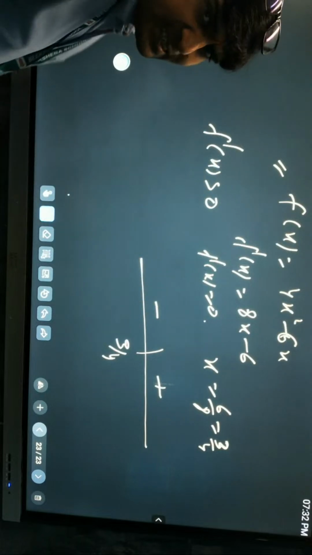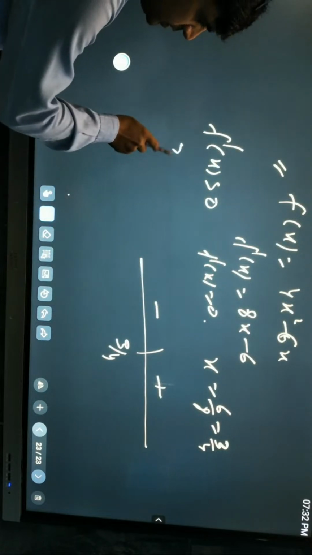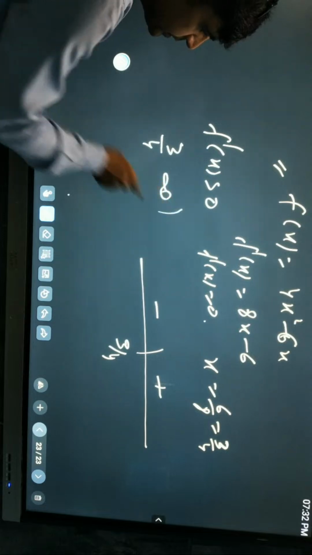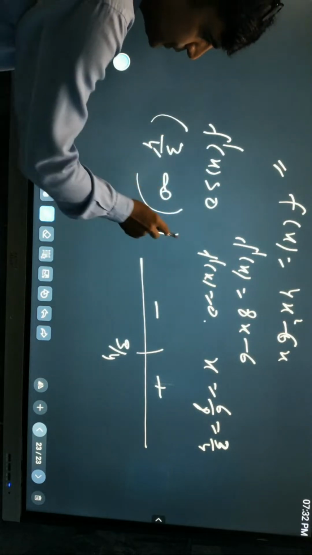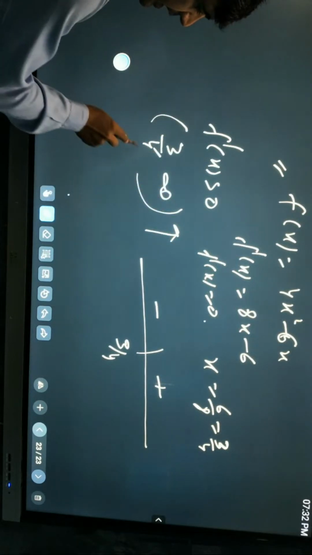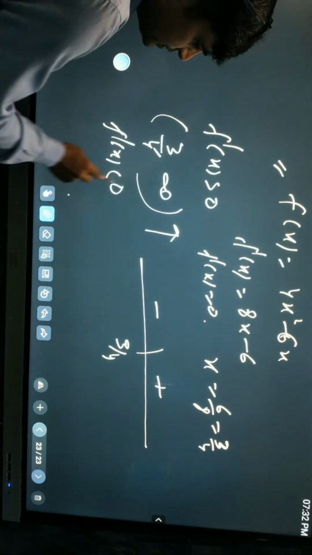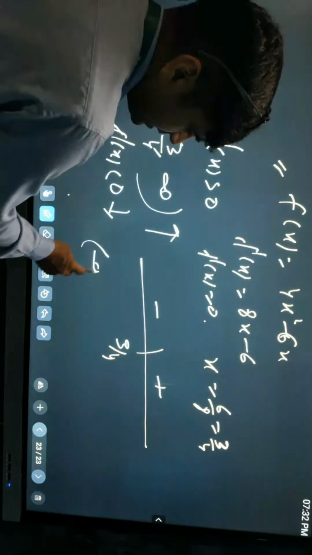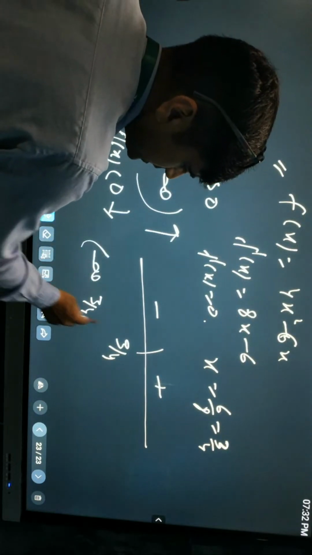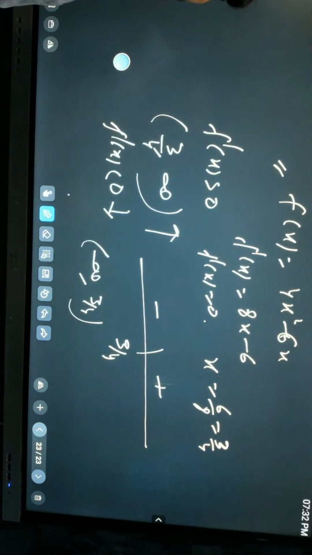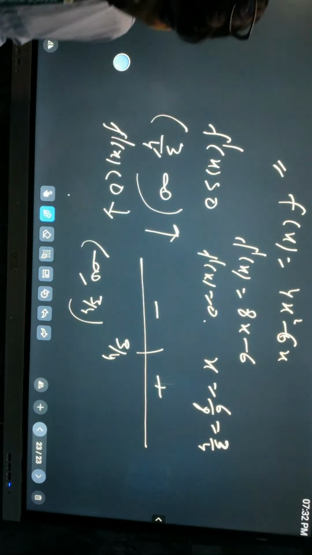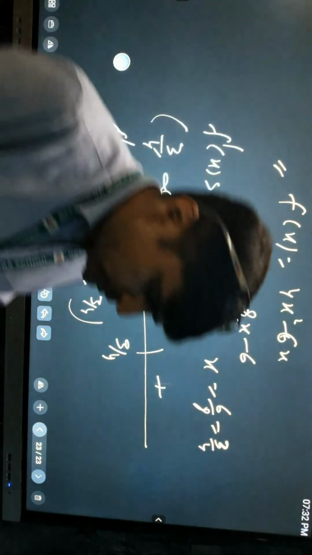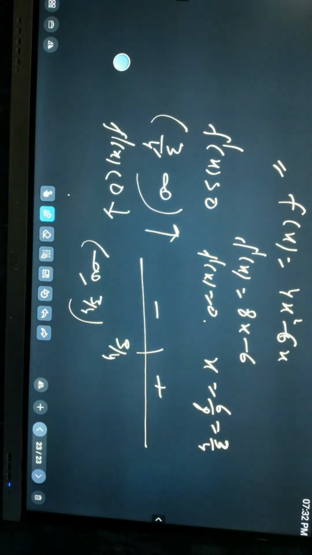Where is f dash x greater than 0? In 3 by 4 to infinity. This is the interval where my function is strictly increasing. And f dash x less than 0 means strictly decreasing. The interval where my function is decreasing is minus infinity to 3 by 4. This is the interval where my function is strictly decreasing.